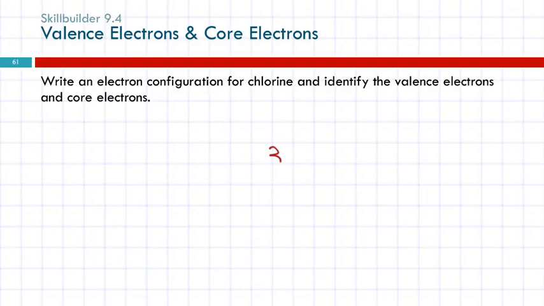So it's going to end with 3, and chlorine is over in that p block, that group of 6 columns. So 3p. And how many over is chlorine? 5. So the last term is 3p5. We can read that off the periodic table.